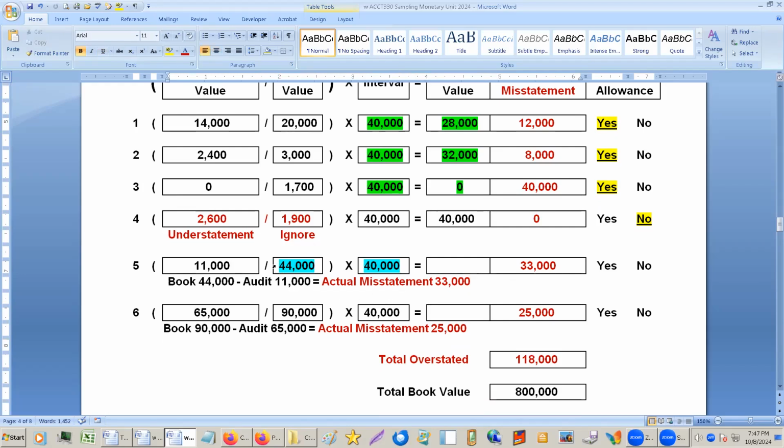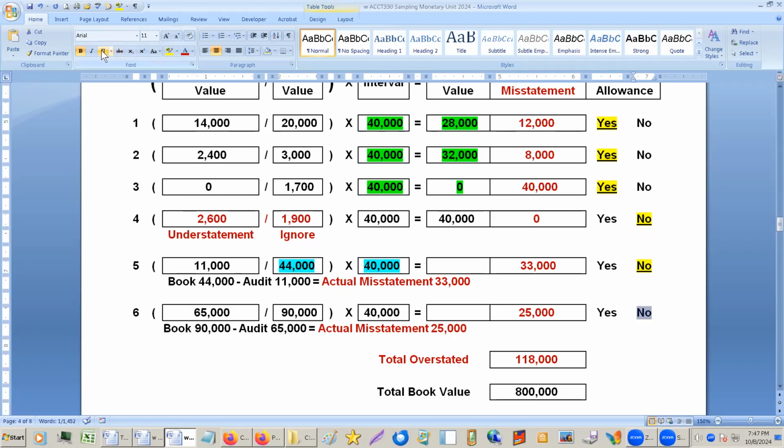Down here, notice that these cover the entire interval. There's nothing left in the interval to go wrong. So even though we do have misstatements here, they are not included in the incremental allowance. Nothing else in that interval could go wrong.